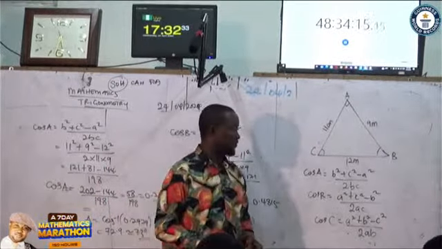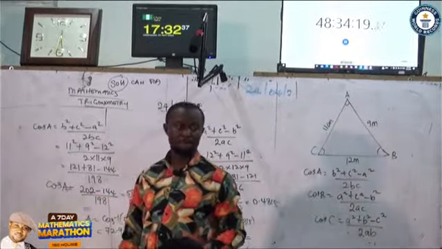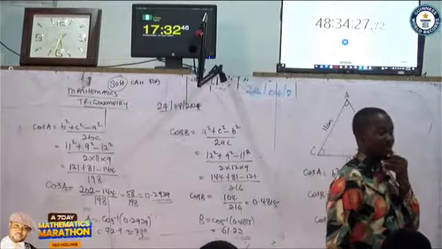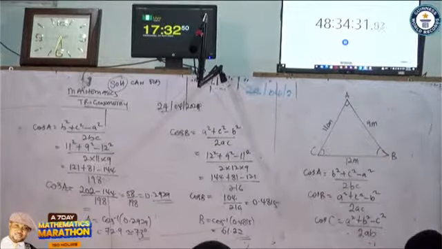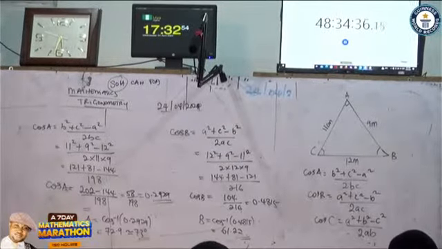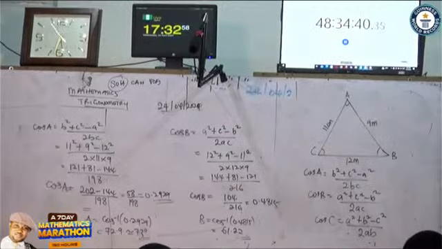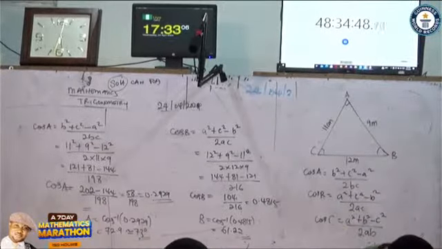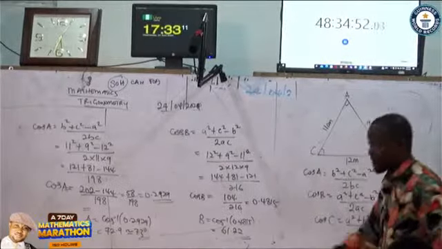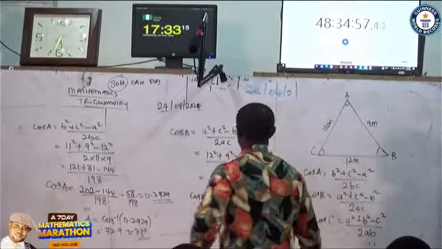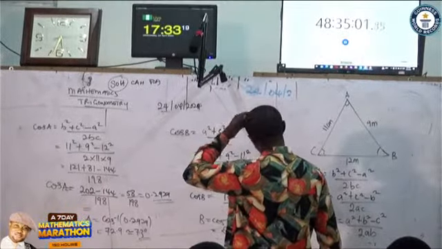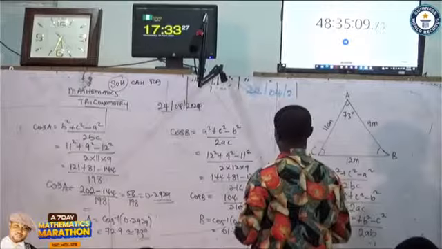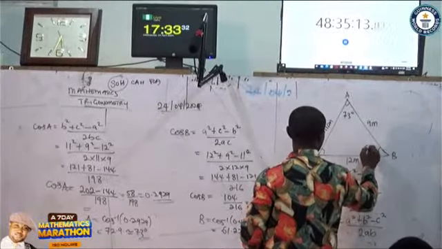Now, it's only one left for us to find. We can use these two to get angle C. So my angle A was 73 degrees, and my angle B is 61.22.